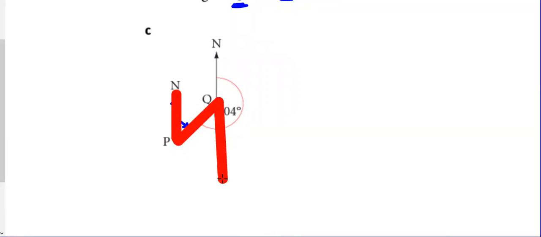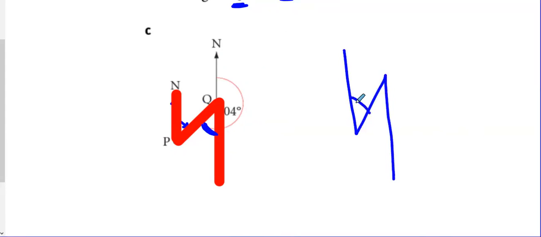Can you see? My task is to find this angle. Once I know this angle here, this angle equals that angle. So in short, this angle over here will be equal to that angle.